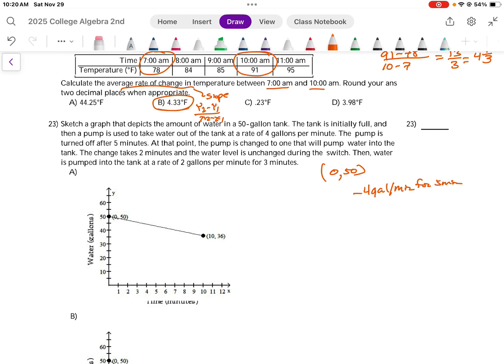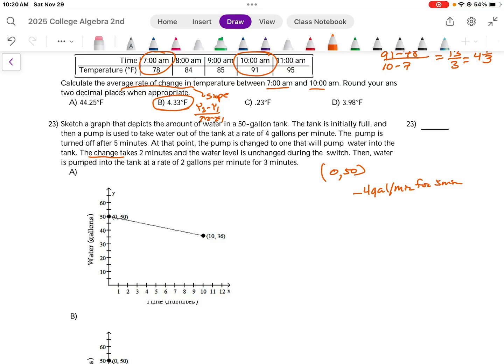Okay. At that point, the pump is changed to one that will pump water into the tank. The change takes 2 minutes, and the water level is unchanged during that time.